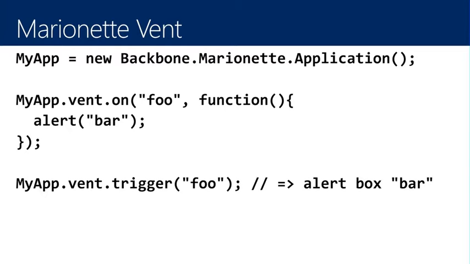So I would really recommend using the global vent for things like, perhaps, an error occurred in one of your modules. So some of these cross-cutting concerns. A module might have an error, it's going to trigger foo or maybe error, and the application vent is going to have its callback called, and it can deal with whatever error that was.